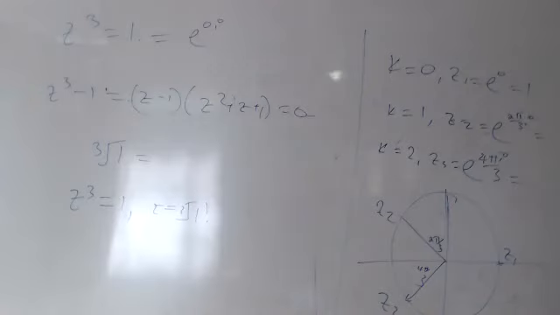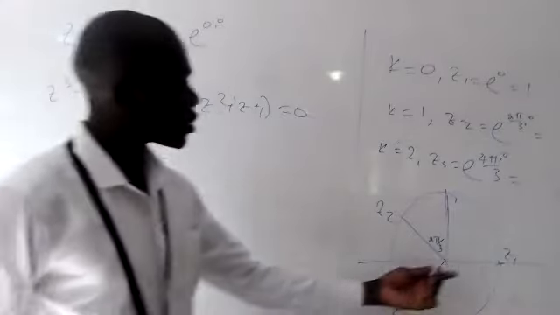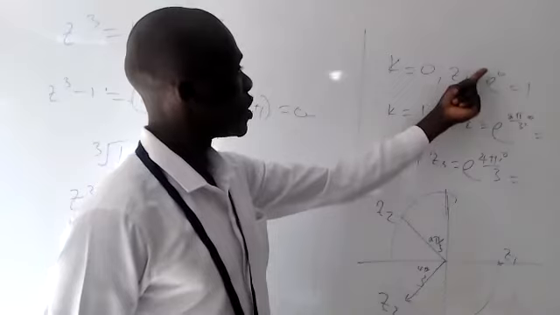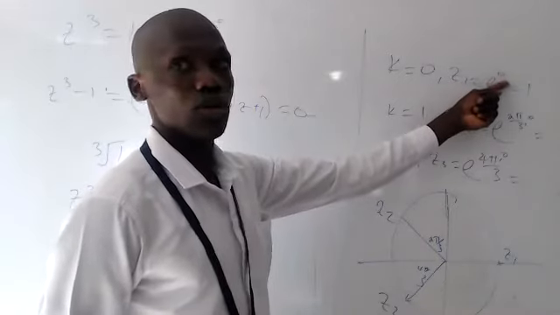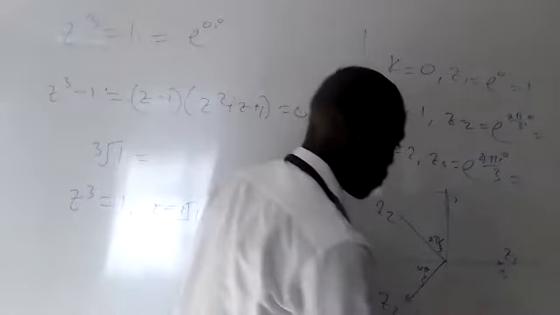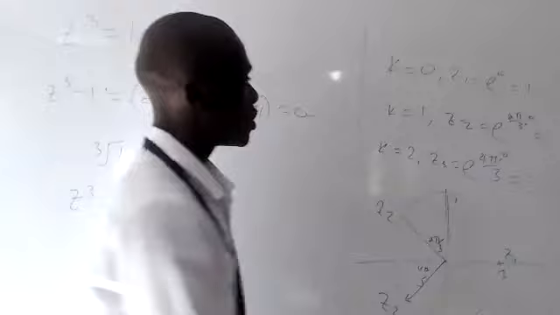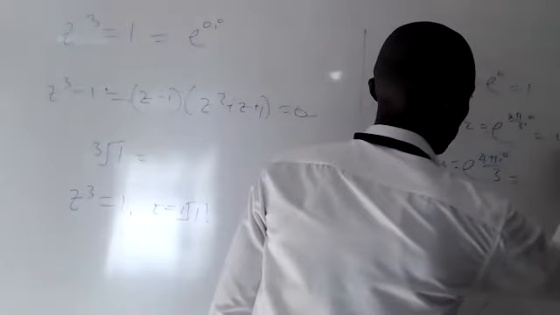Excuse me, sir. Could you please show me how you represent Z1, Z2, and Z3 on this unit circle? That's very good. So I just use the angle. The first is 0. The angle is 0, so I just put it on the positive axis. This is the number 1. The second root, the angle is 2 pi over 3, which is simply 120 degrees.